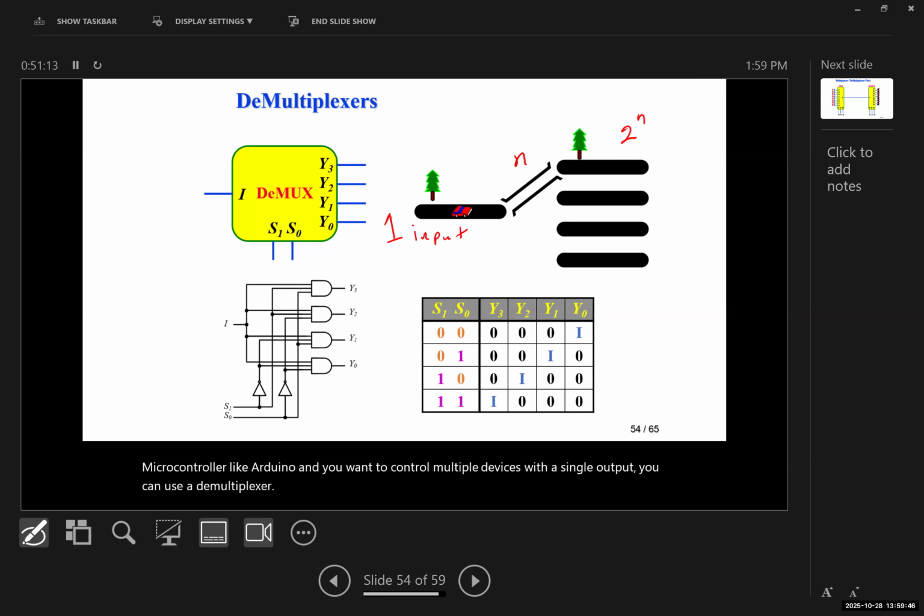And it's the opposite again of the multiplexer.